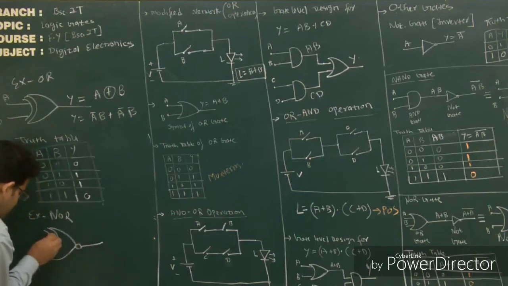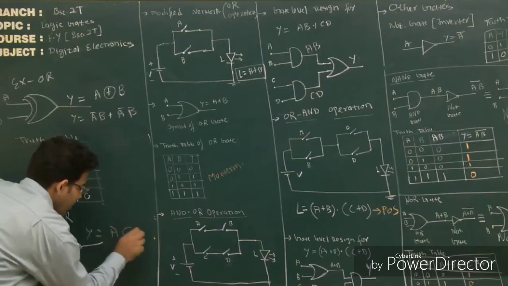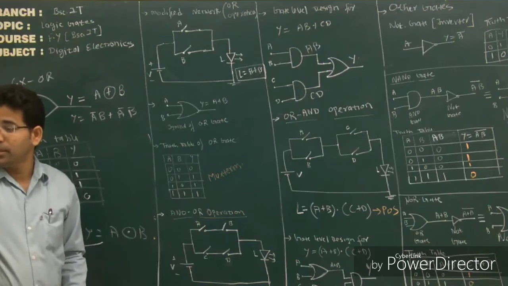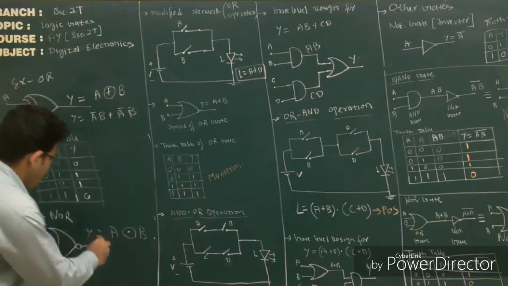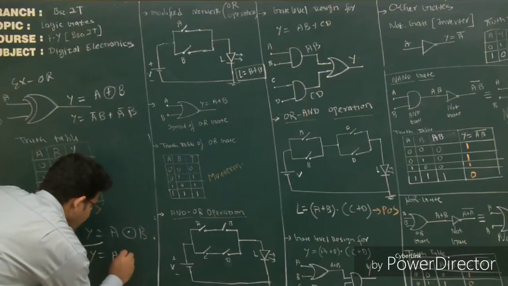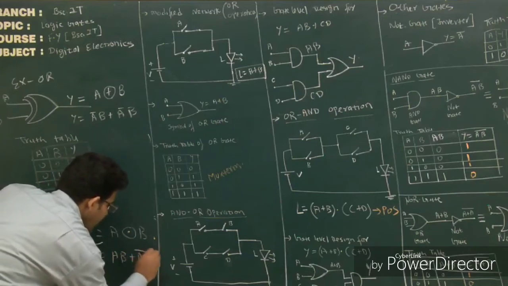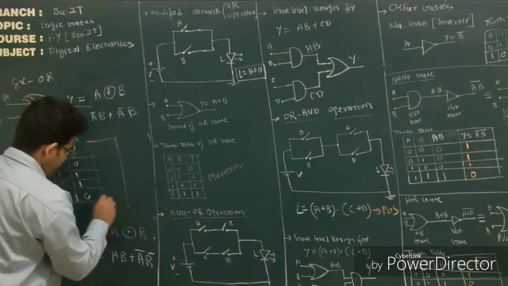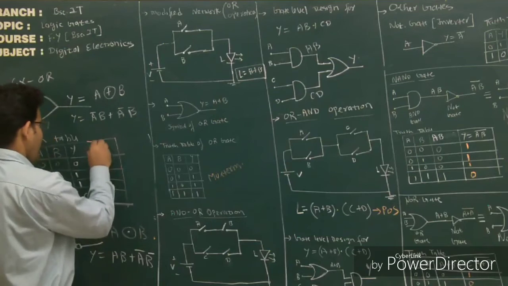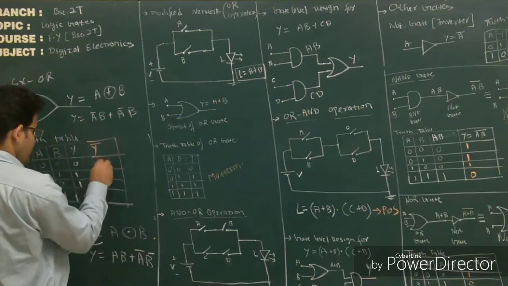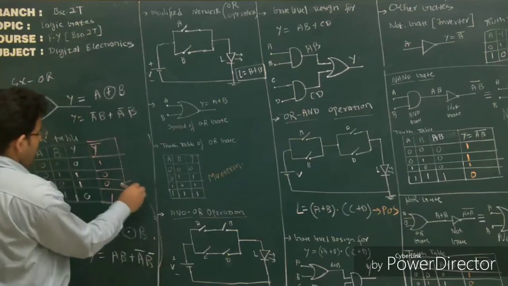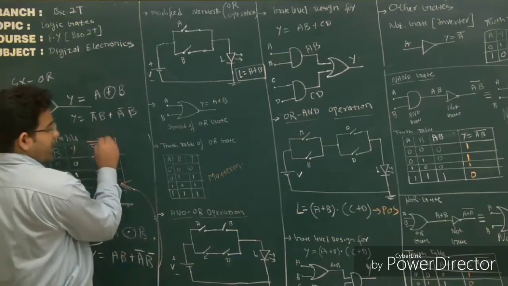This bubble indicates the NOT at the output, A, B, Y, and A XNOR B. This is the representation for XNOR, and actual output will be AB plus A bar B bar. And truth table, no need to draw it again. If you take Y bar here, that is 1, 0, 0, 1. This will be the truth table for XNOR. This is XOR, this is XNOR.